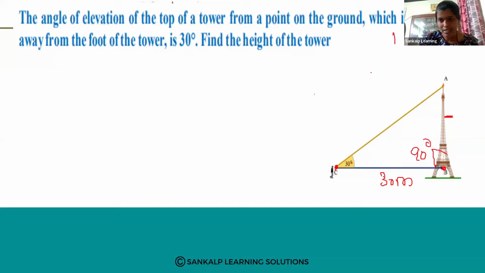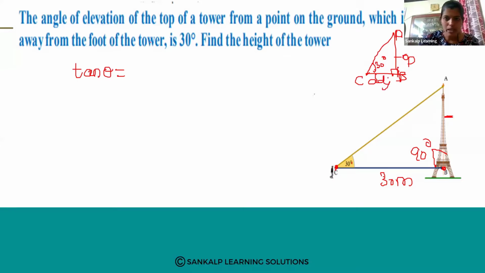Yes, so this is how it looks, right? This is 30 degree and here it makes an angle of 90 degree. This is A, this is B, this is C. So easily you can find out the height of the tower. Again you are considering tan theta. So tan theta is equal to opposite by adjacent, because this is opposite, this is adjacent.